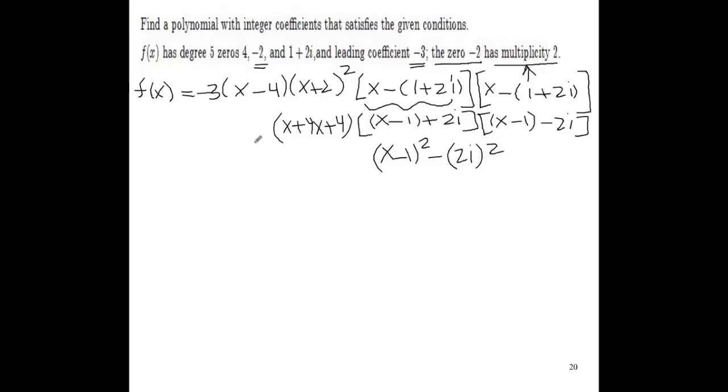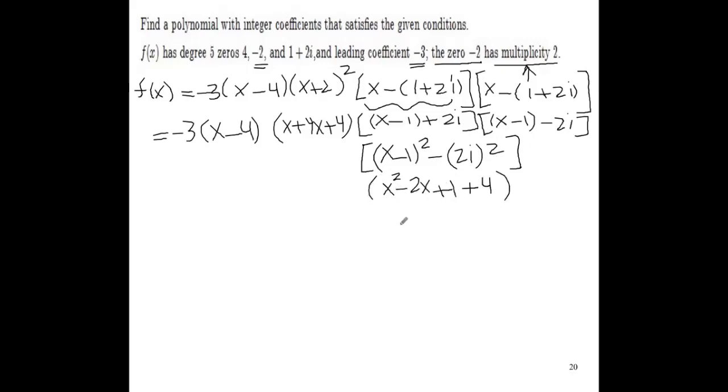and my f of x would be then -3 times x minus 4 times x plus 4 times, this would be x squared minus 2x plus 1, and here would be 4i squared is minus 1, and that would make this plus 1.